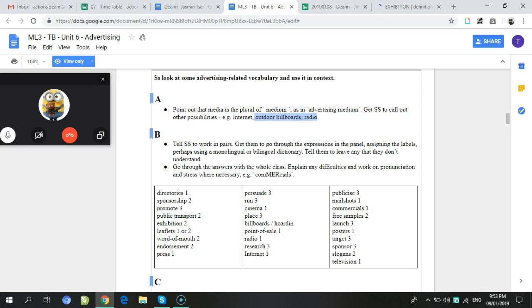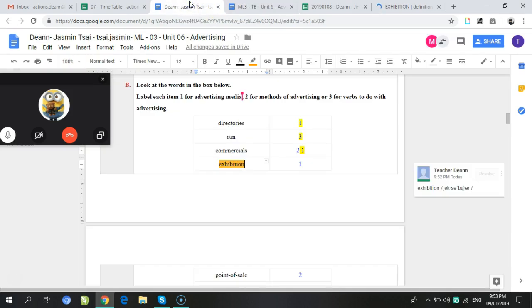But methods of advertising would be the way on how it is being advertised. Exhibition, when you exhibit it, means you put it in a fair or a show or a presentation. So that is a method, a way. So it should be number 2.